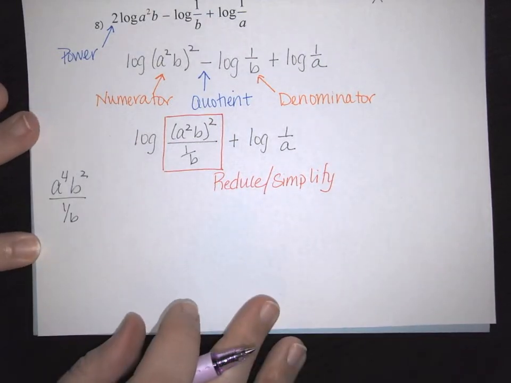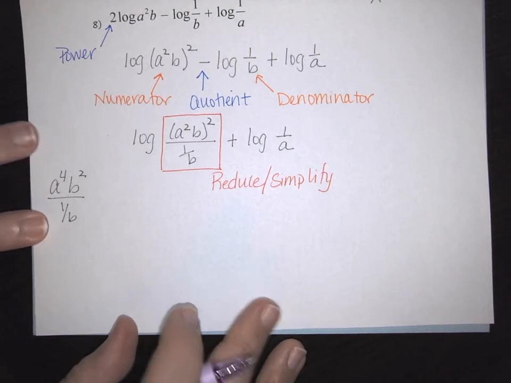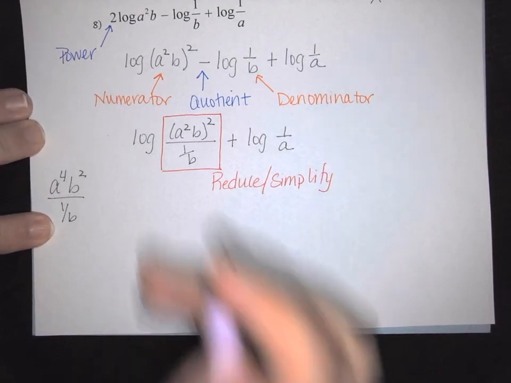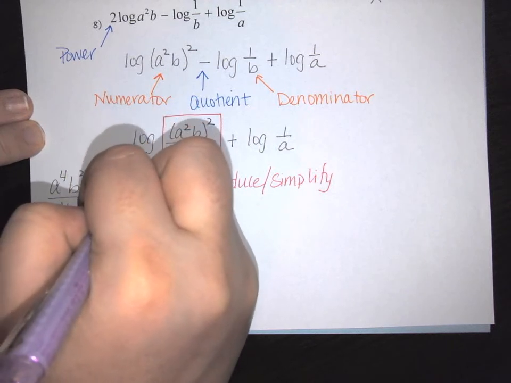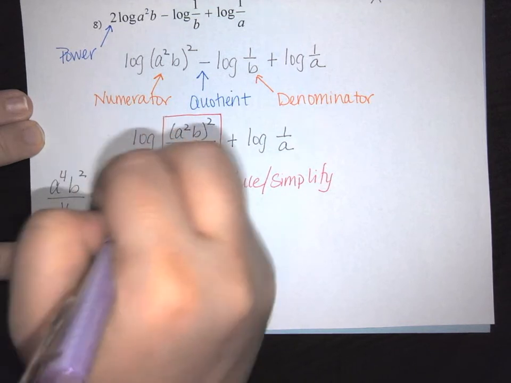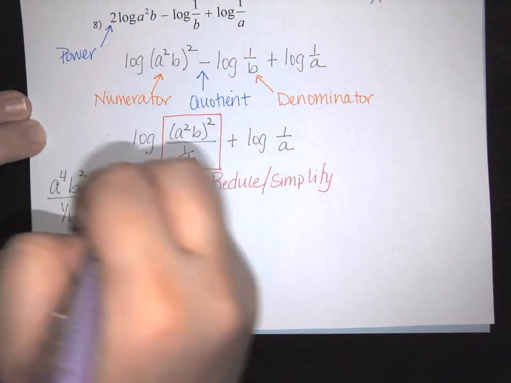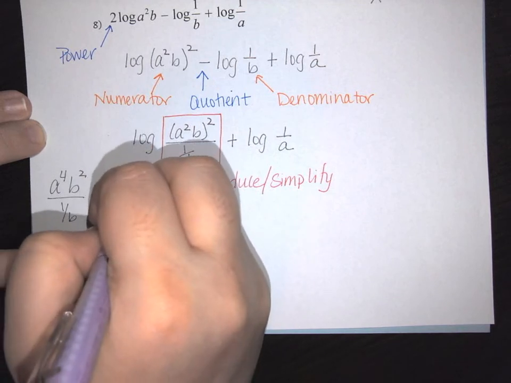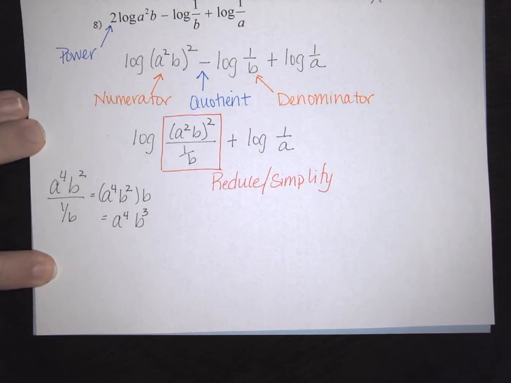Okay. Now one thing that we know about fractions is you keep the top and you flip the reciprocal of the bottom. And so here this is going to become a to the fourth b squared, and I'm going to multiply all of this by a b. And so when we do that, what we end up getting here is a to the fourth b cubed. Okay, and so that is our simplified version.